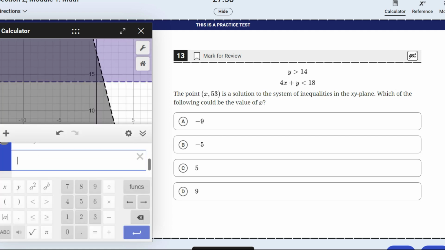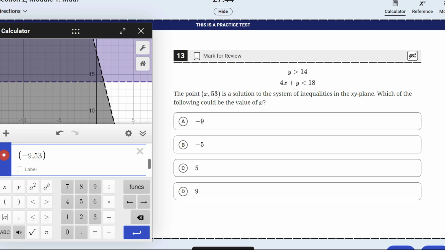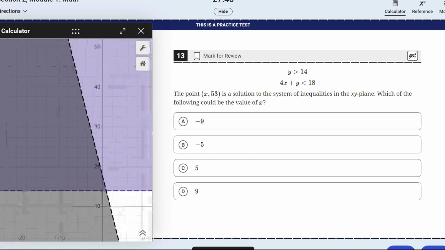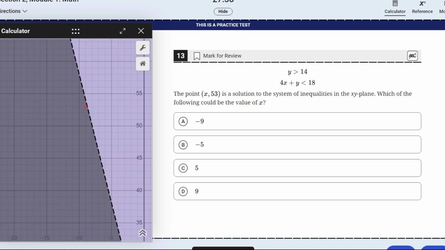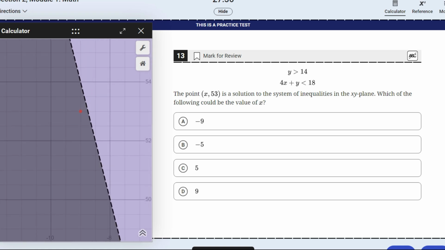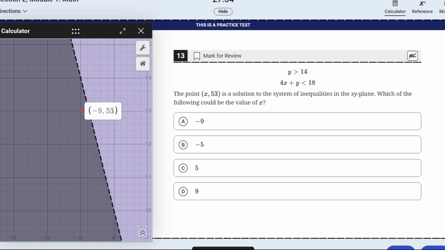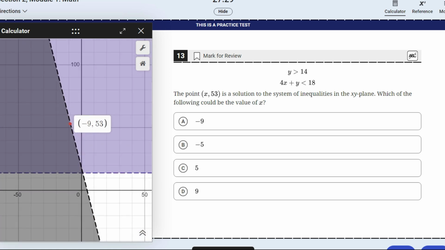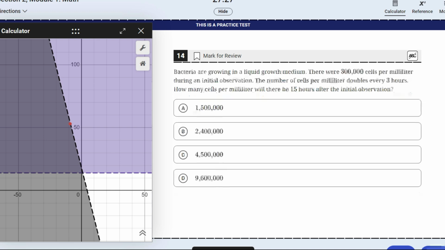Then the point is given, the y value is given, so I have to enter any of the x values that is offered here. So I'm entering the negative 9, 53. And then I see that this point is in the overlapping region. The question was which of the following could be the value of x, so the first one was correct.